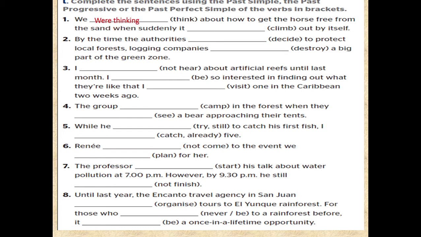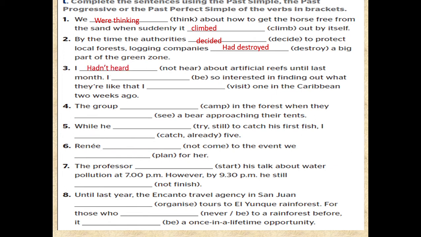We were thinking about how to get the horse free from the sand when suddenly it climbed out by itself. Number 2. By the time the authorities decided to protect local forests, logging companies had destroyed a big part of the green zone. 3.